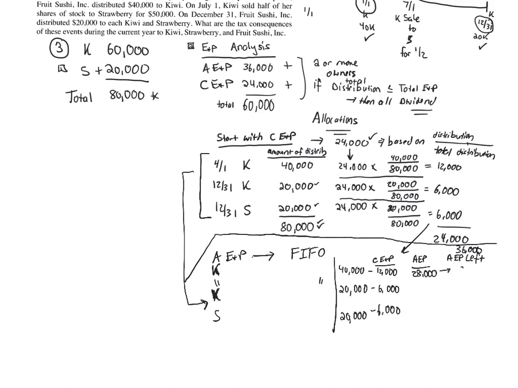That leaves us with $8,000 of E&P left over. Of course, 20 minus 6 and 20 minus 6 is 14, so you need 14 and 14, 28, but you don't have enough. So we're just going to allocate the remaining $8,000. We have 8,000 left after the April 1st distribution.